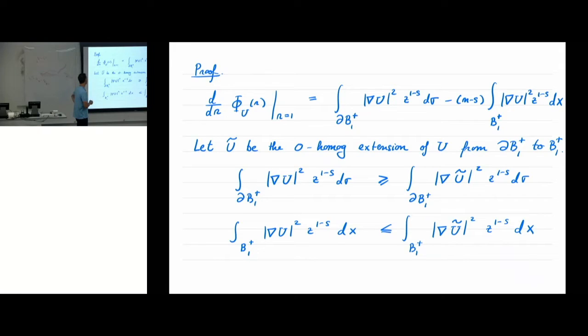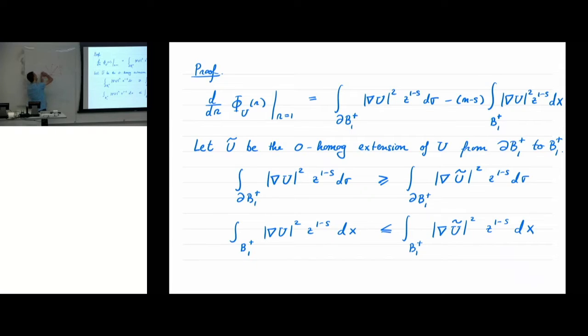Now I build a comparator in the extended variable, u tilde, which has the same values of u on the top half ball. I'll draw a picture here. We have the half ball of radius 1, and the function u defined here. Then I define a comparator u tilde in which I take the value of u here, but I extend it constantly to the origin.